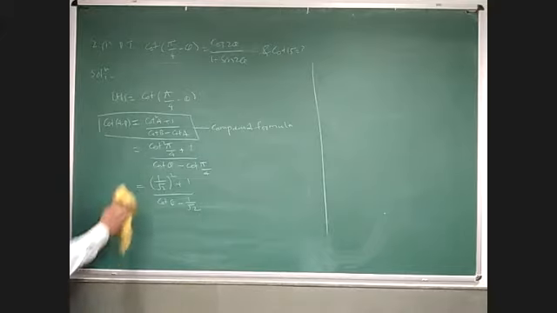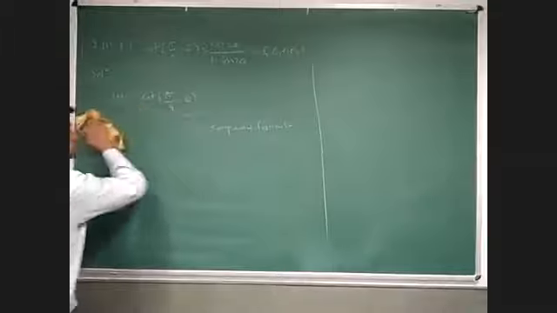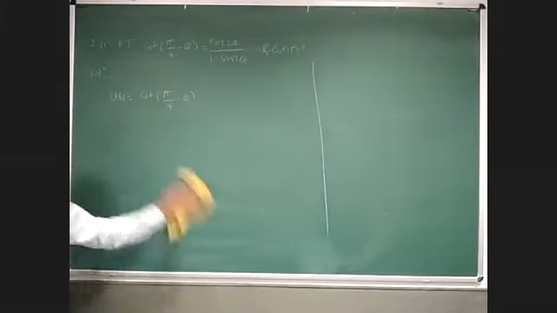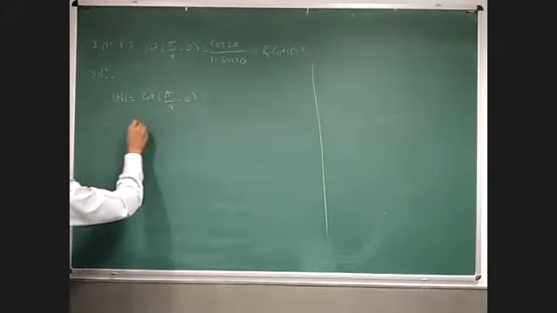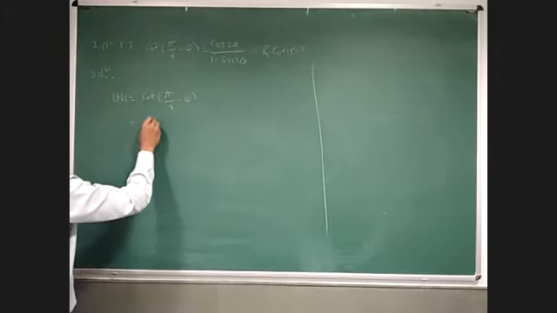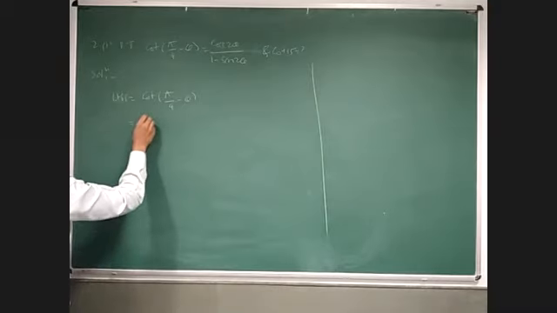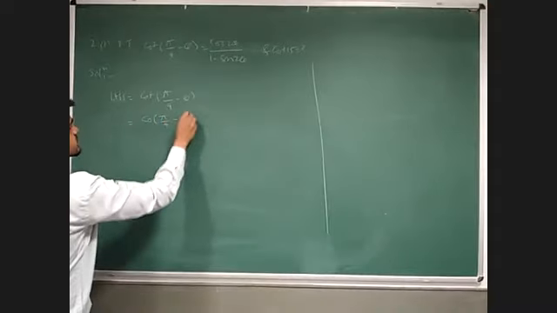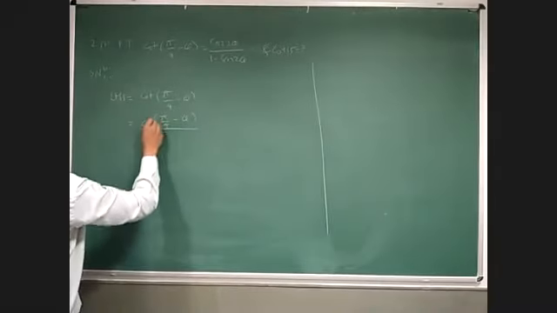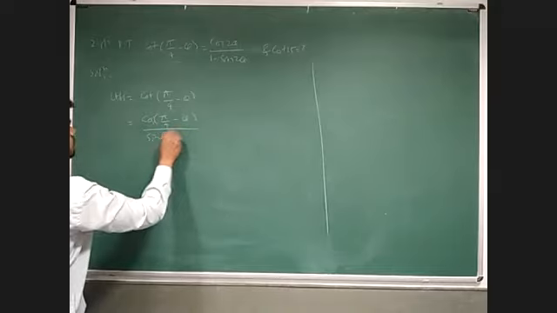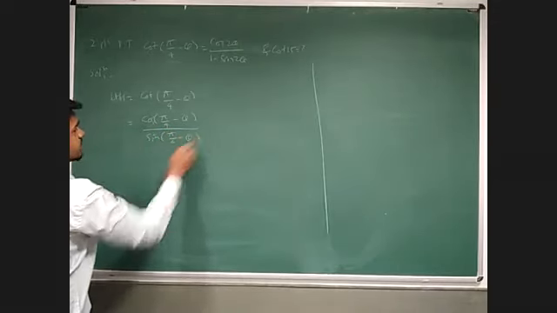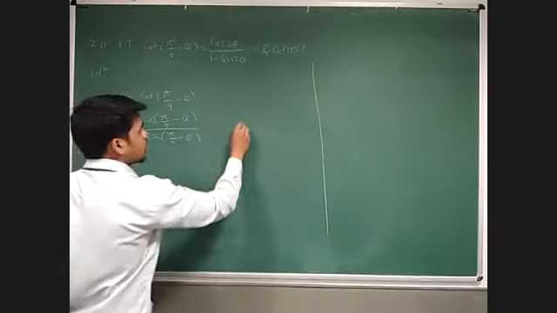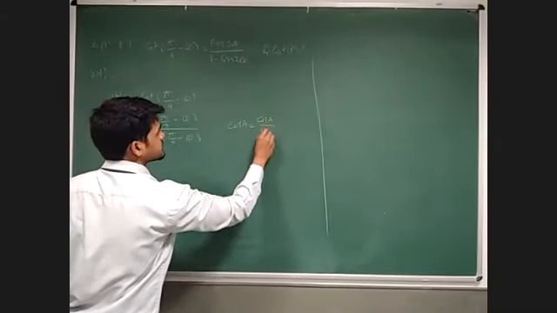Now I have a second method to solve this question, without the compound formula. Just see here. I can write cot A as cos(pi/4 minus theta) over sin(pi/4 minus theta), because cot A is nothing but cos by sine.